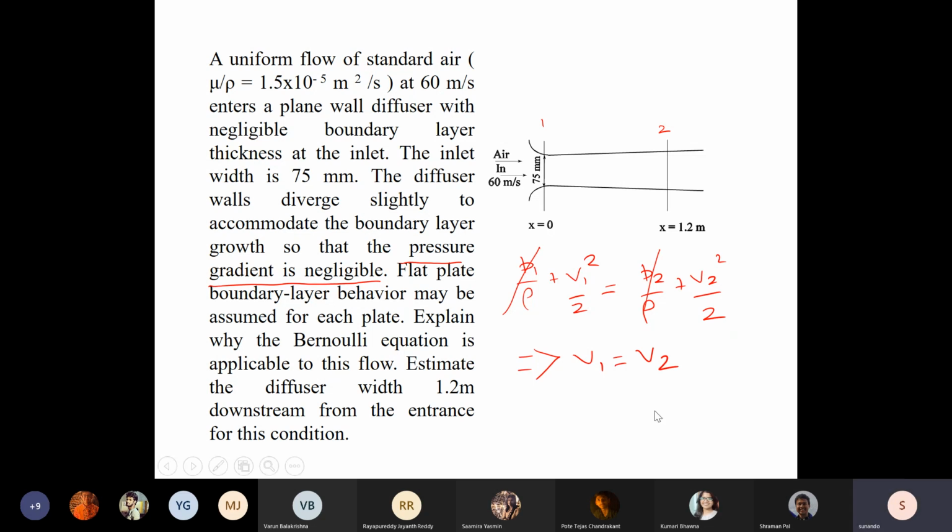There are no questions, I suppose. Okay. The next part of the problem: I can obviously say that rho V1 A1 should be equal to rho V2 A2 effective. Now this A2 effective is something which you need to evaluate.